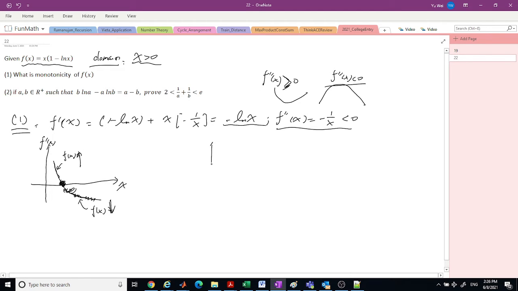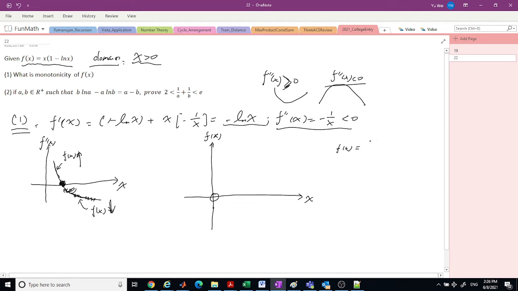Okay, now let's draw f(x). We don't have anything at 0, but in order to see the approach to 0, you can do f(x). Approaching 0, this is 0 over infinity, right?